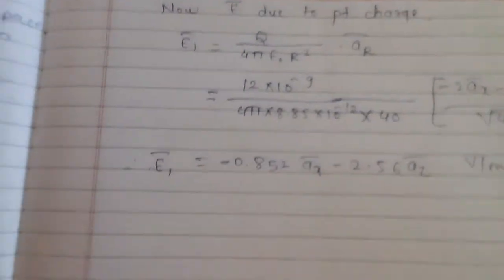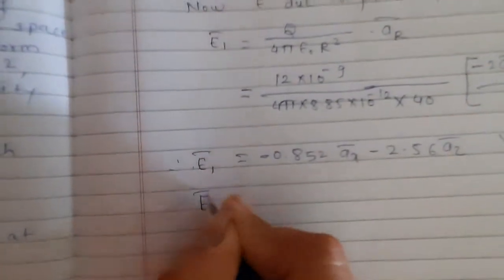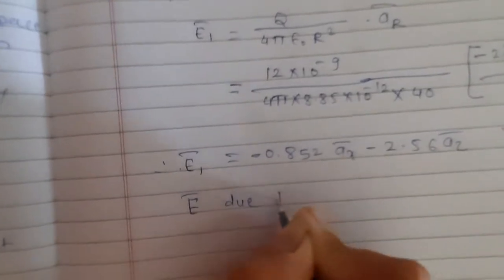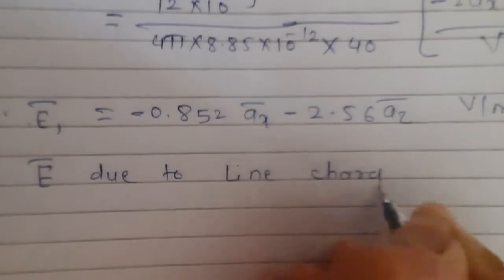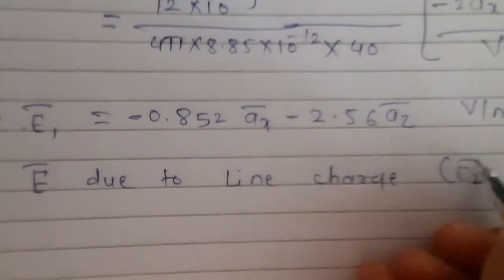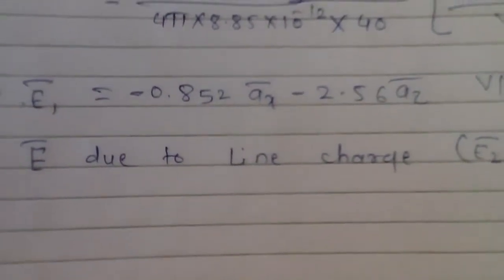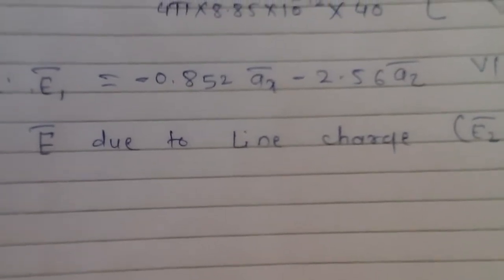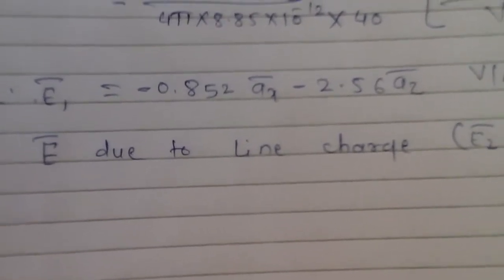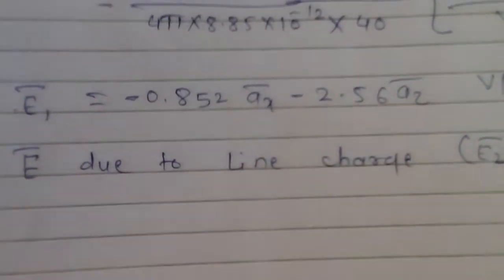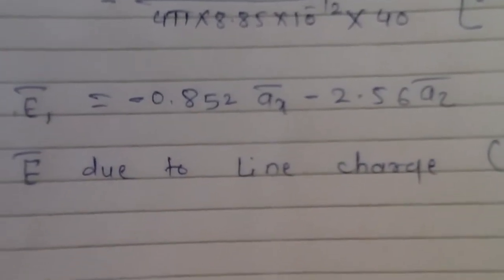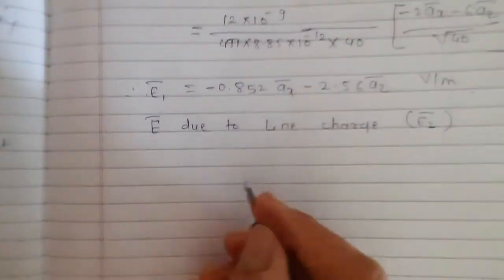Now second is E due to the line charge, E2 bar. Now for the line charge distribution, we have to draw the diagram for the line charge distribution and the point P at the origin.